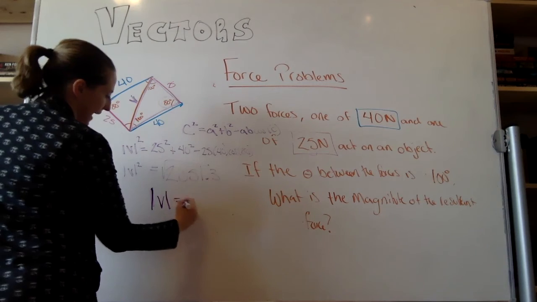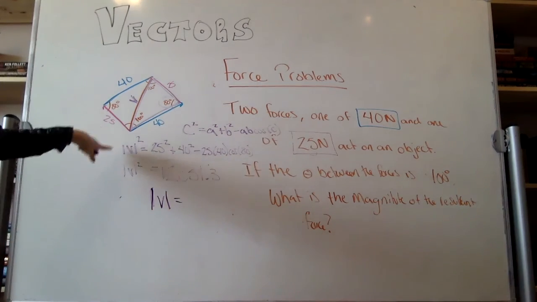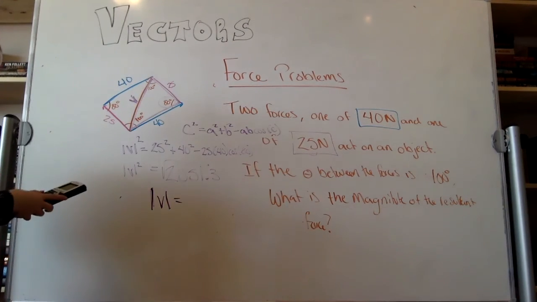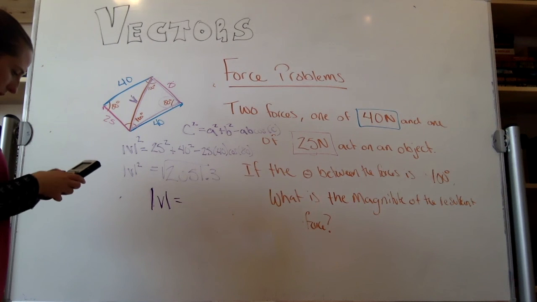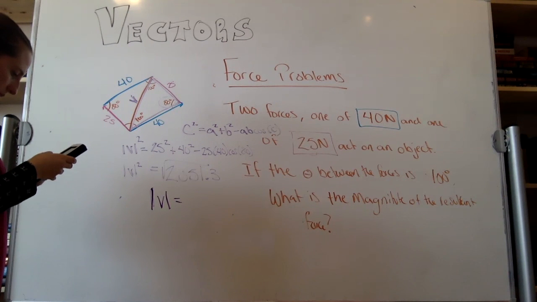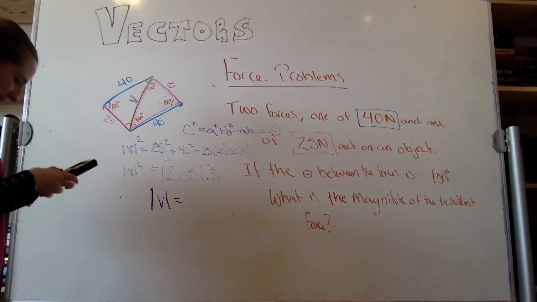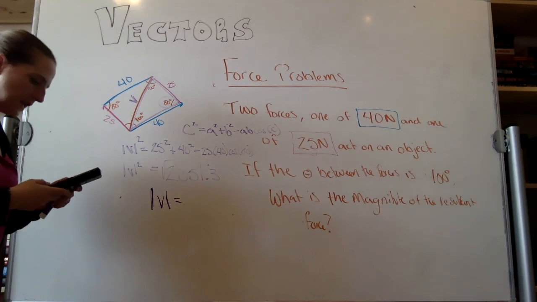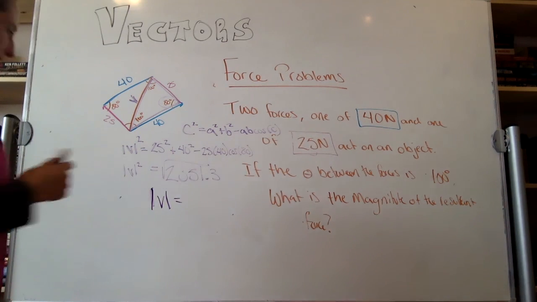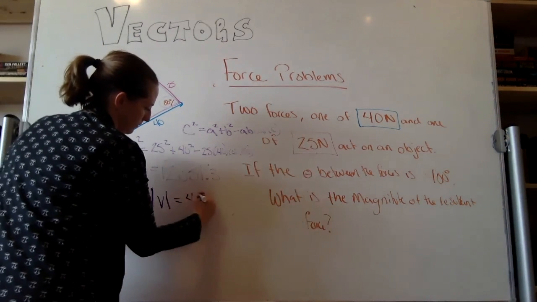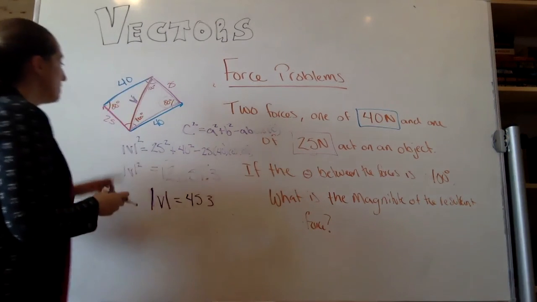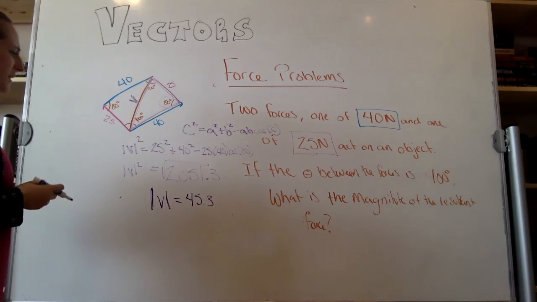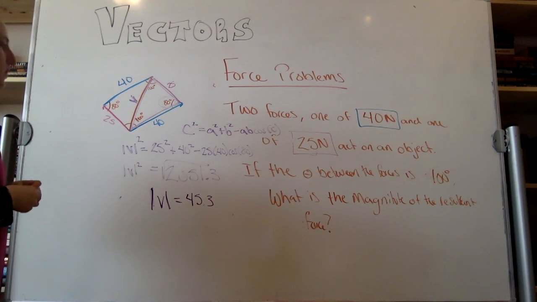Taking the square root of that will give me the magnitude of that force vector V. The square root of 2051.3 is 45.3. So the magnitude of this vector is going to be 45.3.